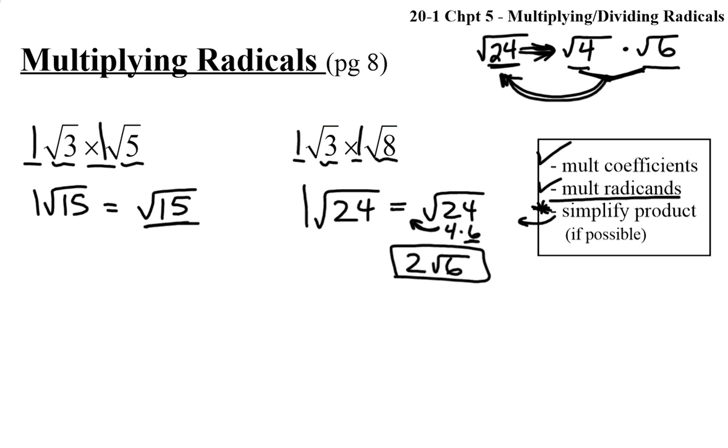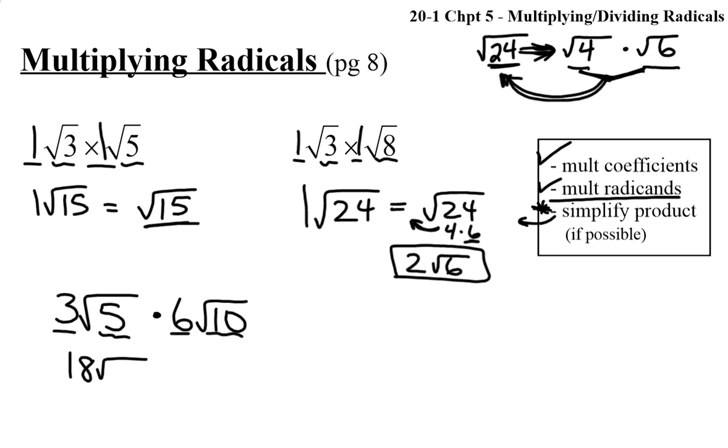This one's not in the booklet, but really quick. If we had 3 root 5 times 6 root 10, let's calculate this one. What's the simplified product here? Well, multiply coefficients and multiply radicands.